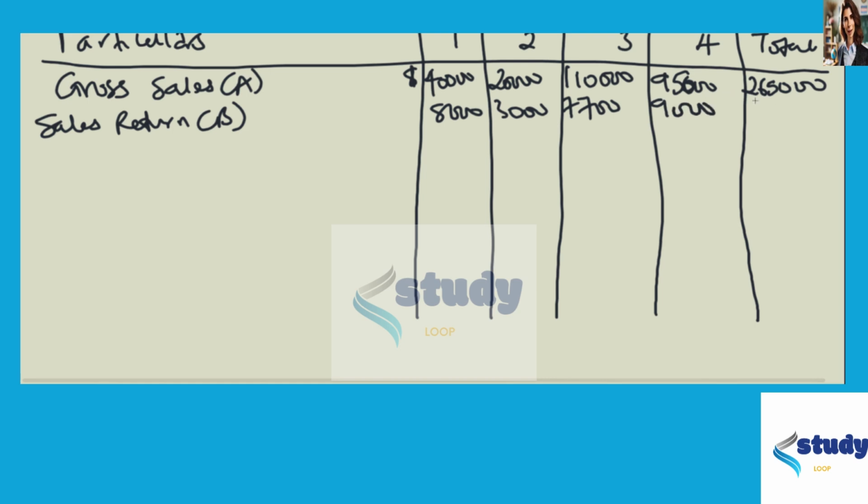And therefore the total will be 27,700. Now the net sales will be A minus B, which is gross sales minus sales returned, and that will give us net sales. So that will be C, which is equal to A minus B.